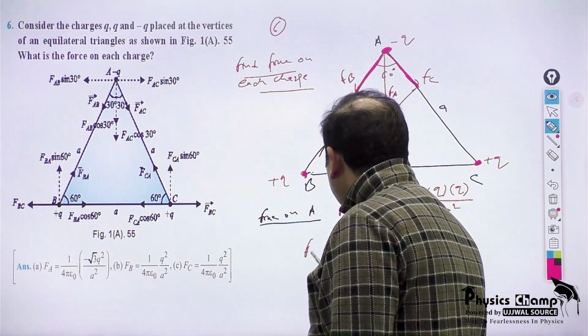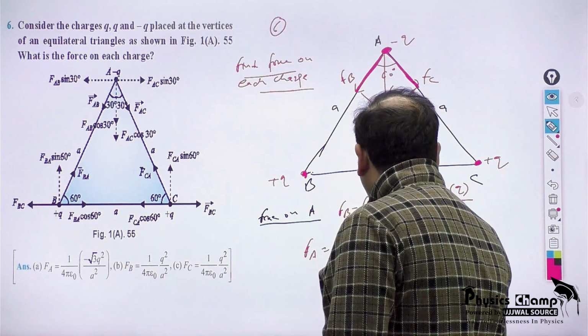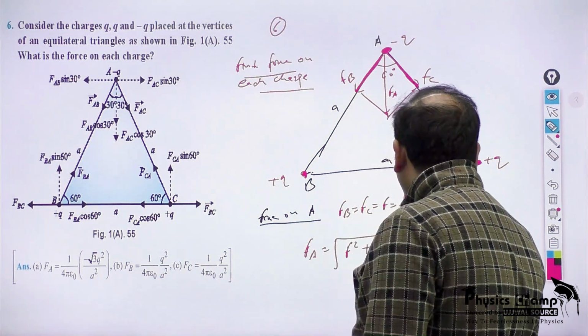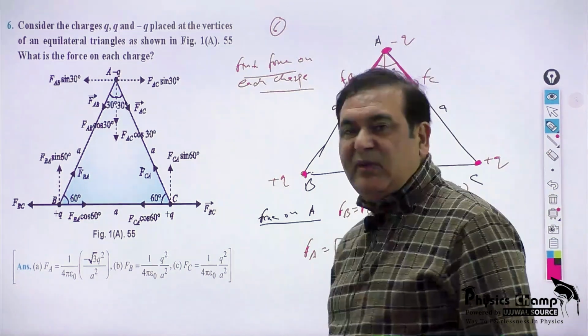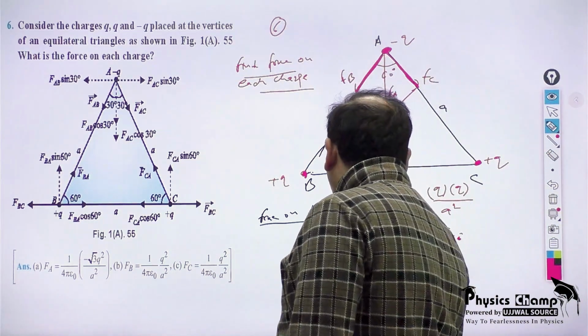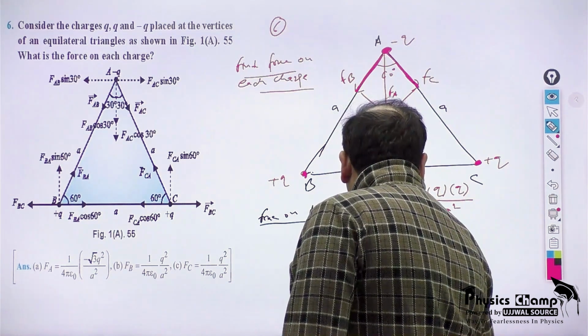So FA will be the root of F square plus F square plus 2F square cos 60, using root of P square plus Q square plus 2PQ cos theta. So we can say F square plus F square, and cos 60 is half.